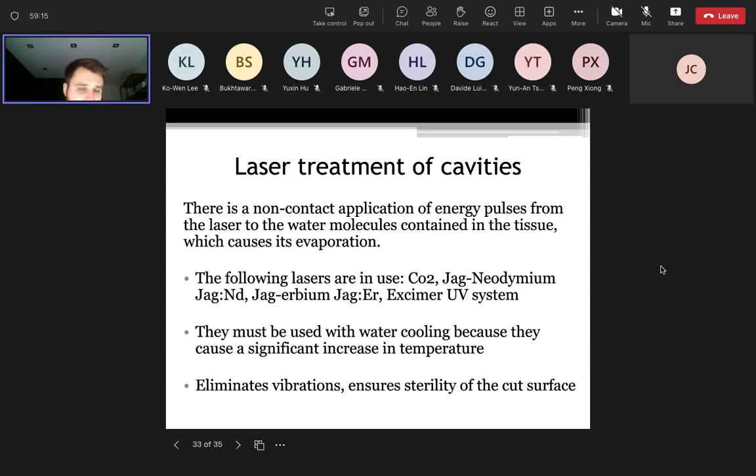The cooling is really essential for this technique. This technique allows us to eliminate the vibrations from the preparations, and we get the sterility of the cut surface, because everything which is cut by the laser is sterilized also.